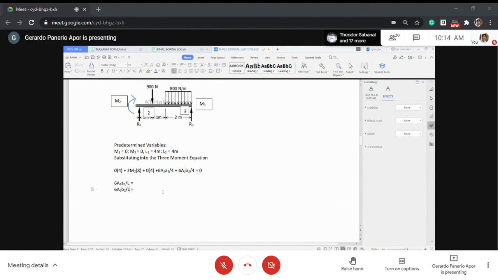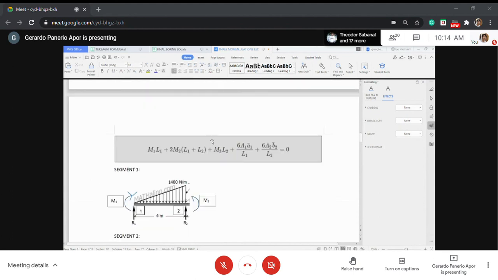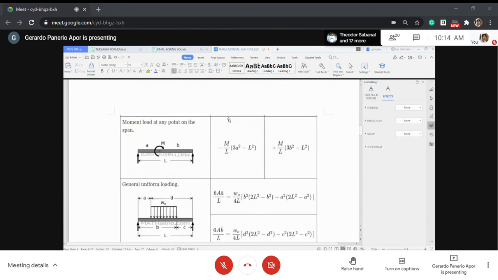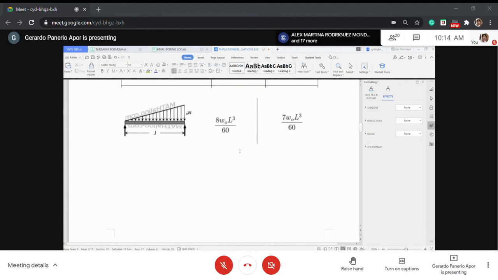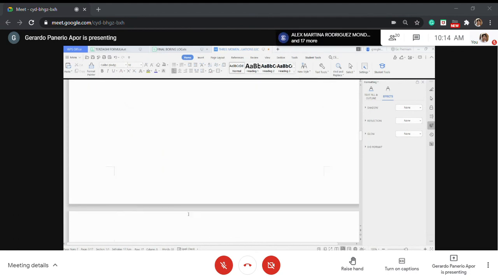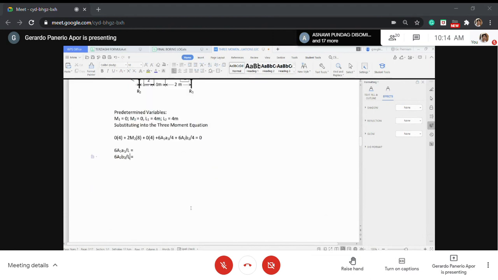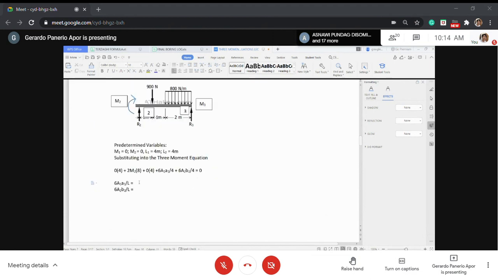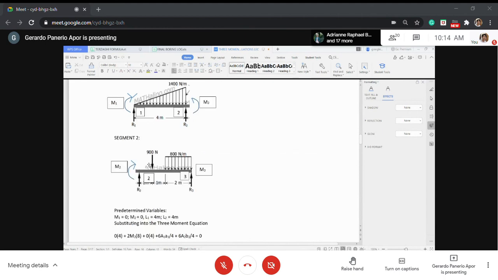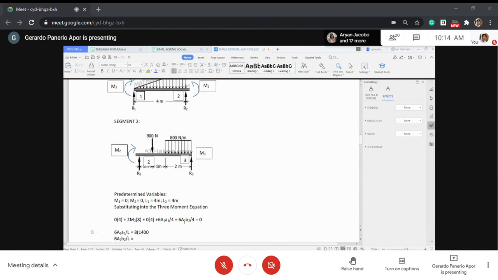So A1 is 8WOL cubed over 60. 8WO 1400, and we have 4 raised to the power of 3 divided by 60.